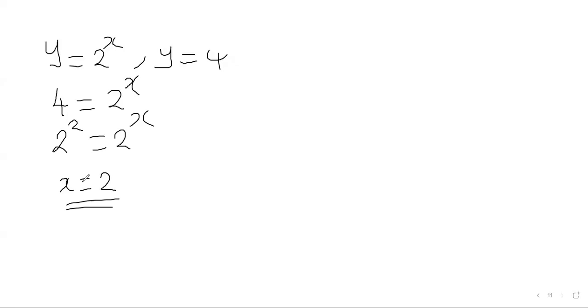Now we move to the other value of y, which is -2. So y is equal to -2. When you put -2 here, equal to 2 to the power x, once you have a negative here, we can't have a negative logarithmic function. Log of any negative value is undefined.